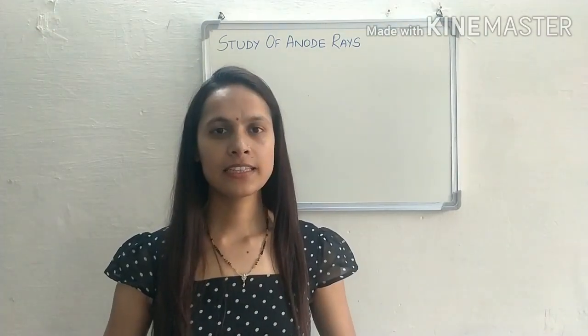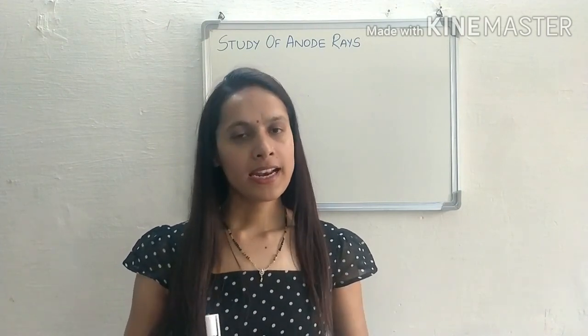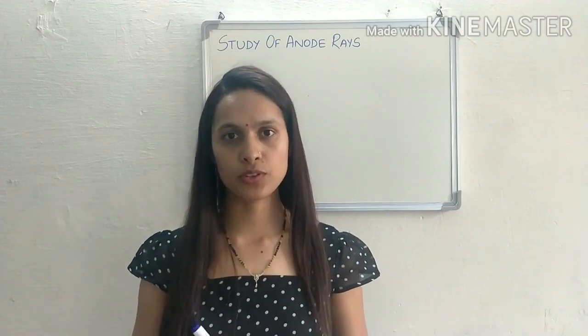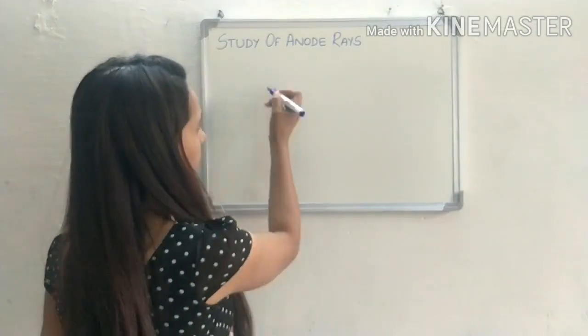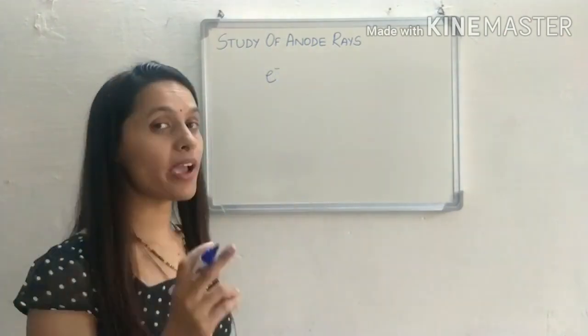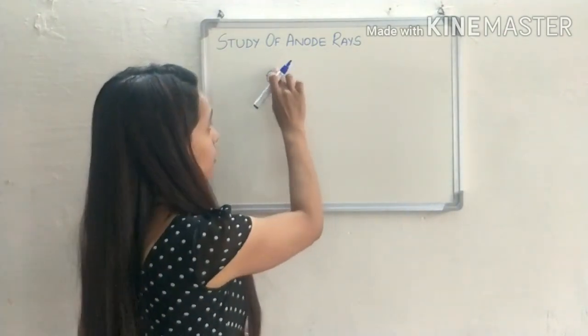When hydrogen gas is taken in the discharge tube, at that time the mass of the anode ray comes minimum. At this time, when charge is calculated, the charge on these particles comes same as that of the electron but with opposite sign. What was the charge on these particles? Same as that of the electron.